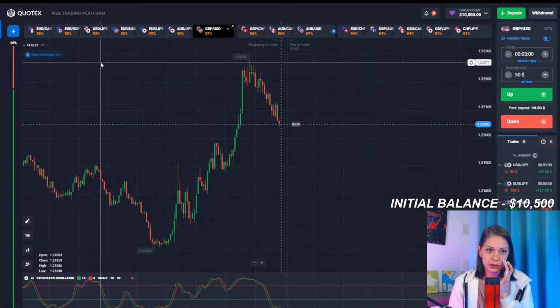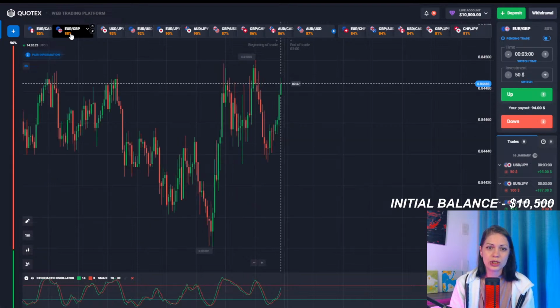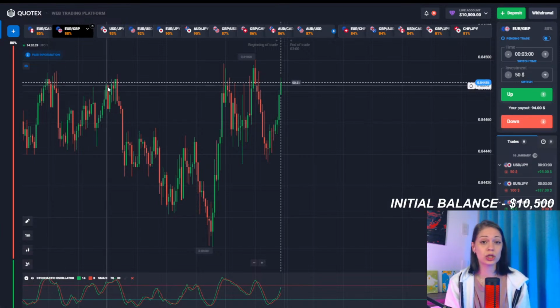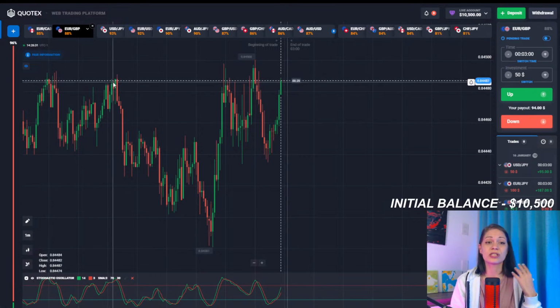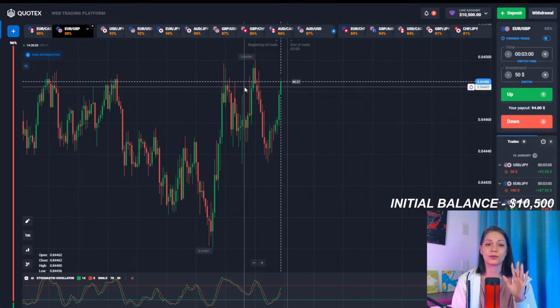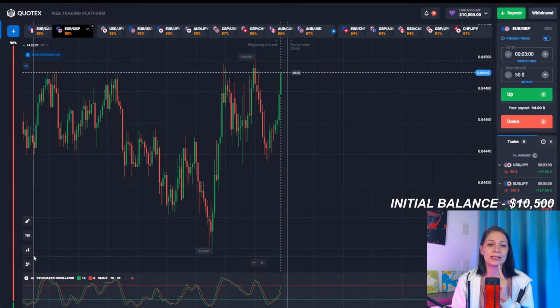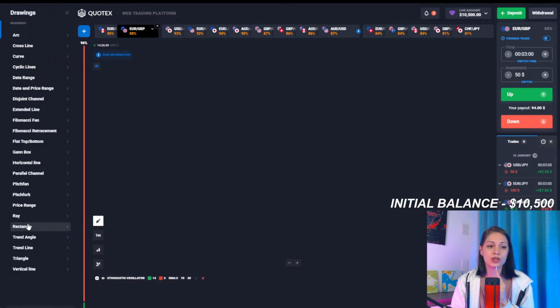British pound and US dollar, similar situation again. Yeah, this one we missed, and here is an interesting situation. This is a really good resistance zone. We have 4 moments where it touched, and this is touch number 5.